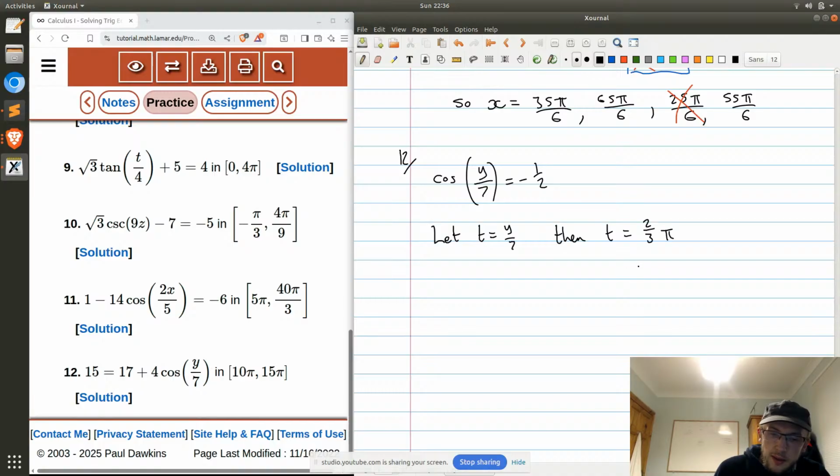And what's the other answer? Do 3 over 2 pi take 1 over 6. So what? 9 over 6? Take 1 over 6, so 8 over 6, so 4 over 3. And then think about the transformation.